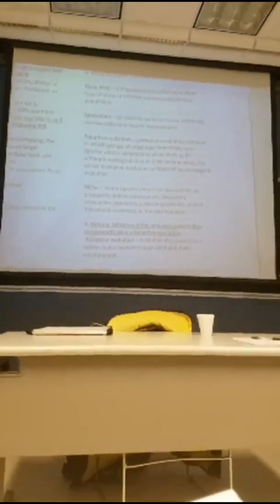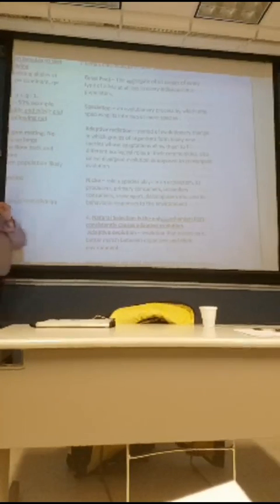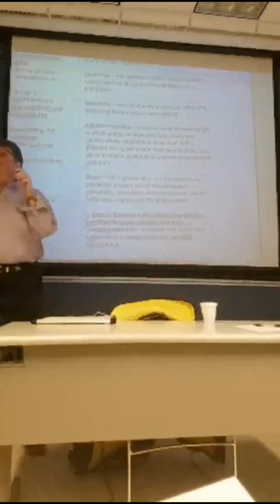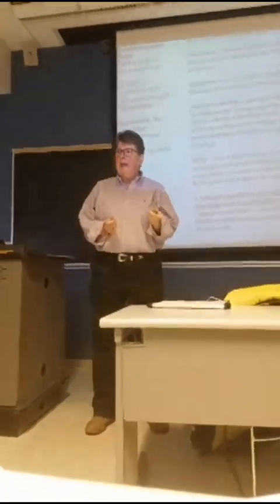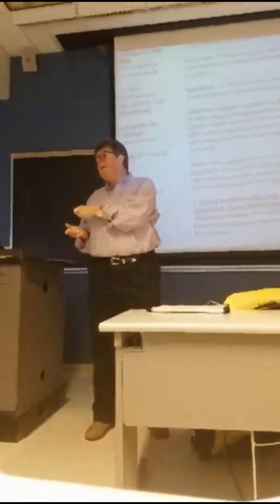I just want to define some terms for you. Speciation: the evolutionary process by which one species splits into two or more species, and for some reason can no longer reproduce with each other. We will be talking about pre-zygotic barriers and post-zygotic barriers.